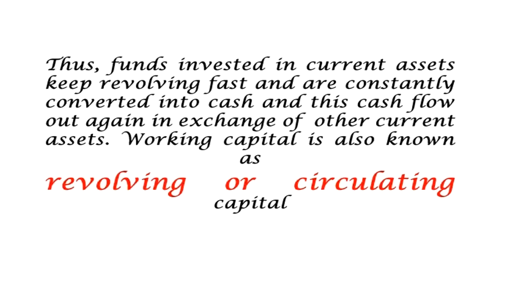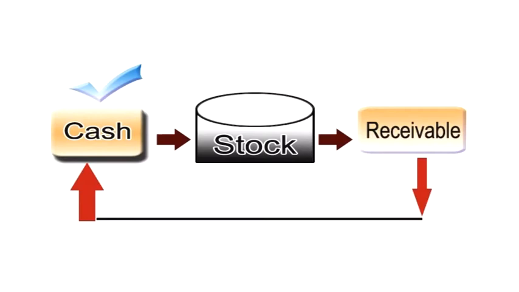Now, students, let's see what the second part of this definition is saying. It puts its emphasis on the revolving capital, meaning thereby that the cash is being used for acquiring the current asset, that is stock. Again, when this stock is being sold on credit and the receivables are generated, the time receivables are converted into cash, again we are getting a cash inflow.